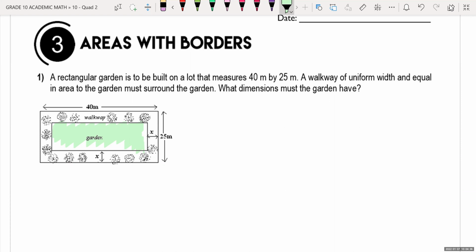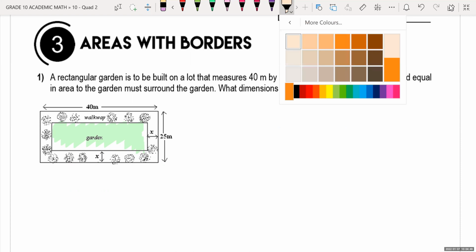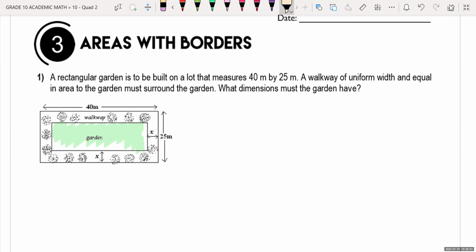All right, so how exactly do we solve this question? The first thing I'm going to do is see this walkway that has the equal width. I'm going to give it a variable, and it's already been written for you. And that variable is the variable x. So that means our garden, if this whole entire line is 40 meters, and I know I have an x width on this side and I have an x width on this side, we need to figure out what this line is going to be over here.